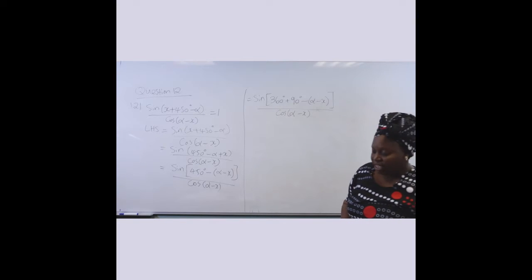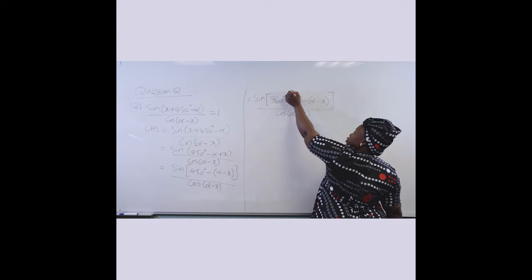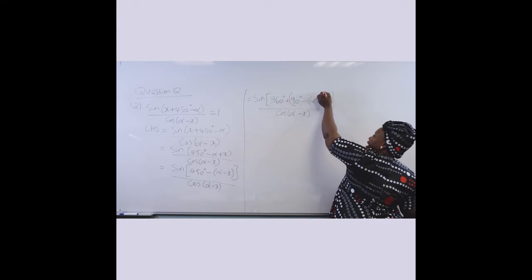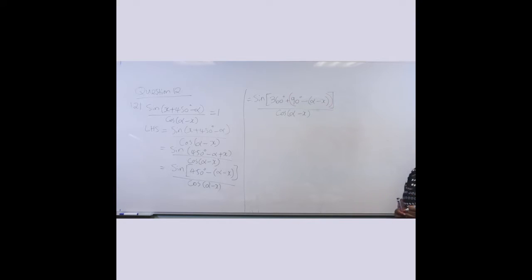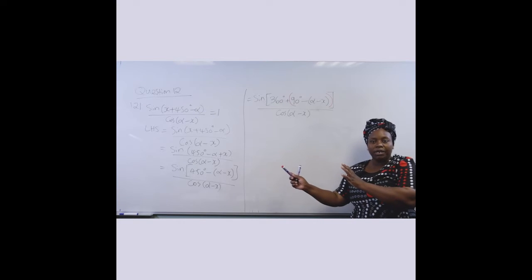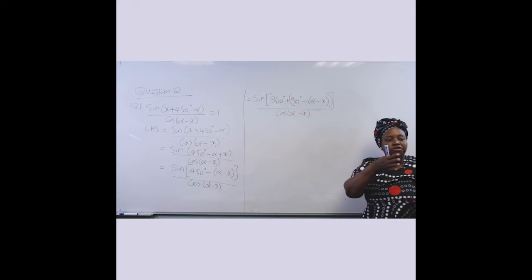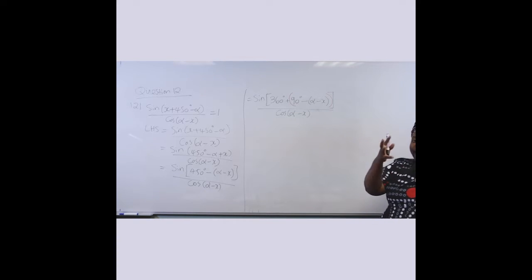Folks, if you look at this properly, you can say that because of the plus, I can simply put a bracket there. That will make my angle 90 minus alpha minus x in that particular bracket. So if this was theta, we'll say 90 minus theta. But now we have alpha minus x as our theta.